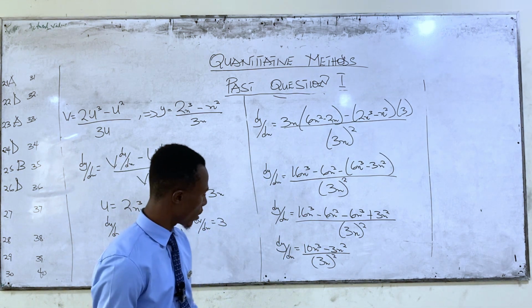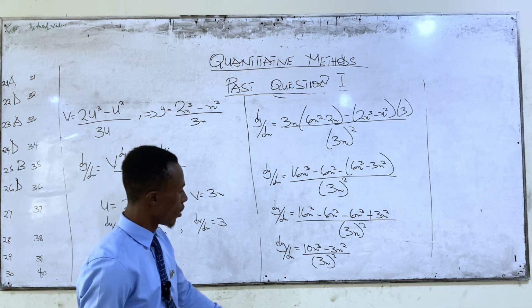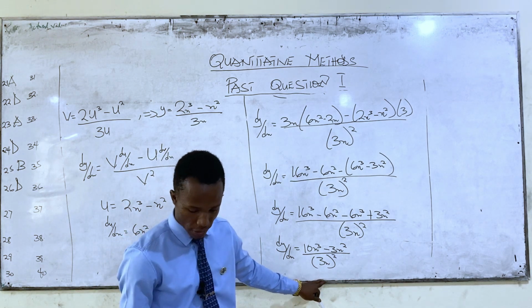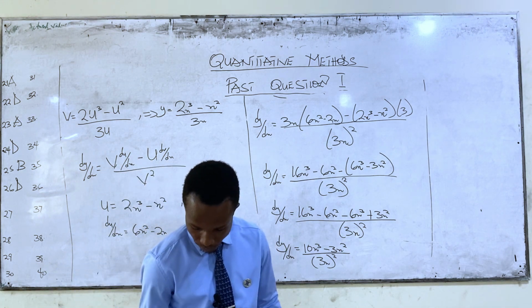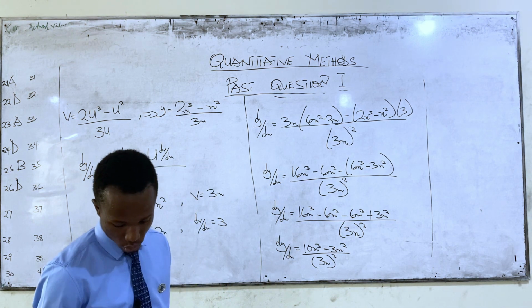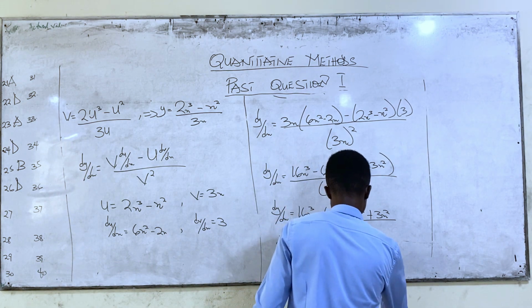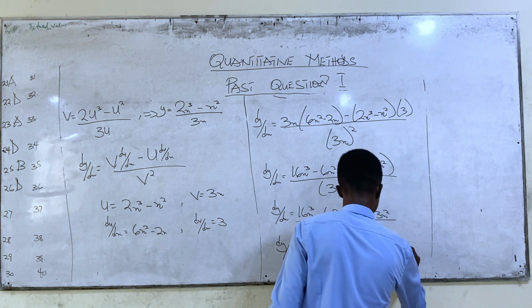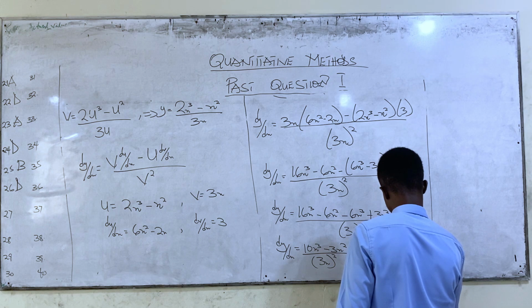So looking at the question, it means we are to simplify the denominator further, to get 10x cubed minus 3x squared over 9x squared.